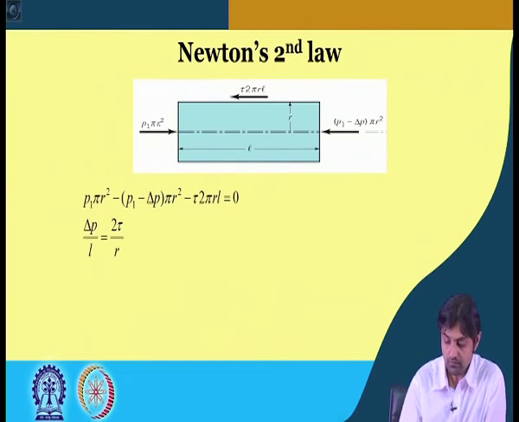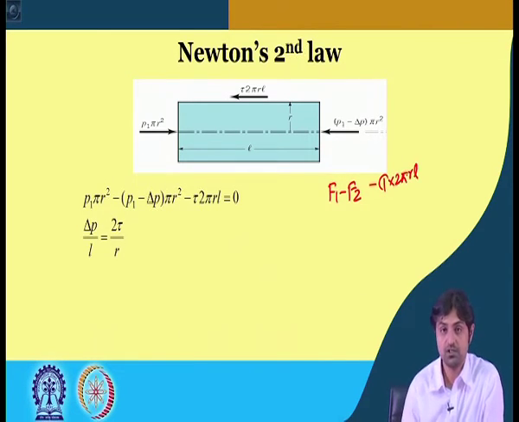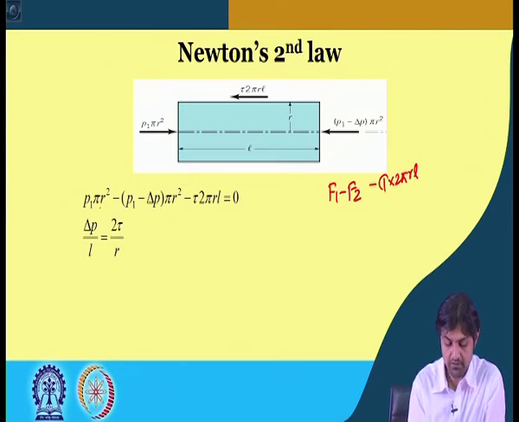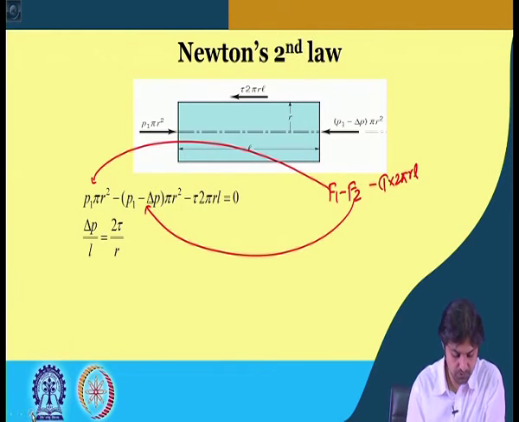So, the equation is going to be F1 minus F2 minus tau into 2 pi RL, because this shear stress will be acting on the entire cylindrical perimeter. So, F1 is P1 pi r square, F2 is P1 minus delta P into pi r square, minus tau into 2 pi RL is equal to 0.